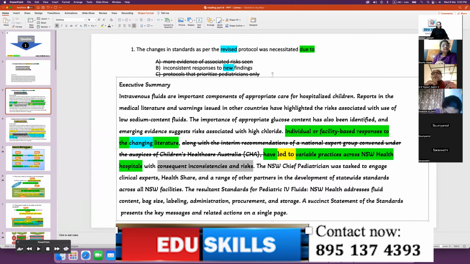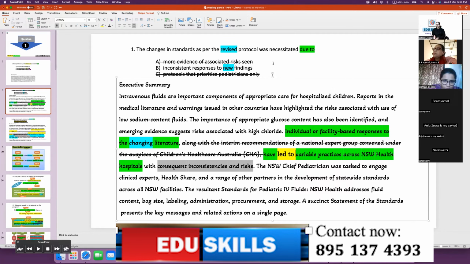This means individual or facility-based responses to the changing literature have led to variable practices. Okay, why was the revised protocol necessitated? Because of individual as well as facility-based responses to the changing literature. That was the cause. Varied response: different responses by individual or facility-based health facilities.